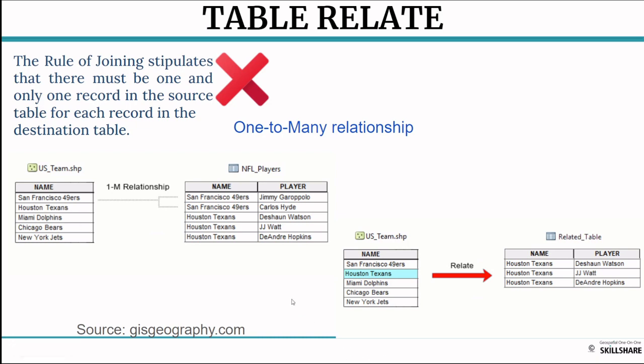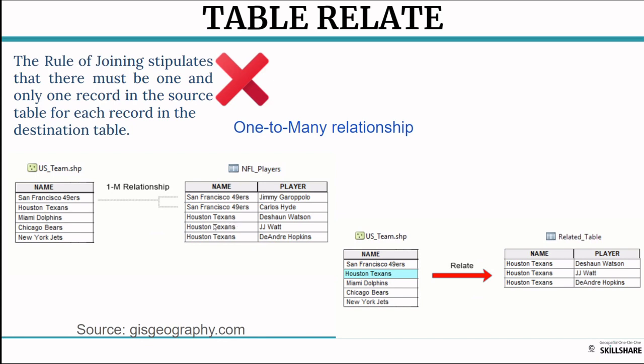So what we do is create a relate. A relate creates a relationship between the source and the destination table, such that it knows that San Francisco and Houston Texans are related to Deshaun Watson, J.J. Watt, and then Hopkins.